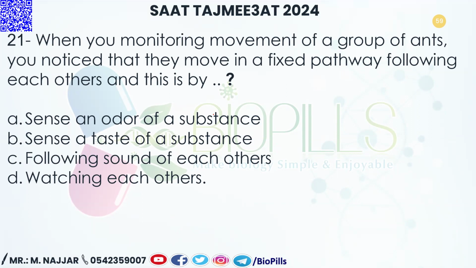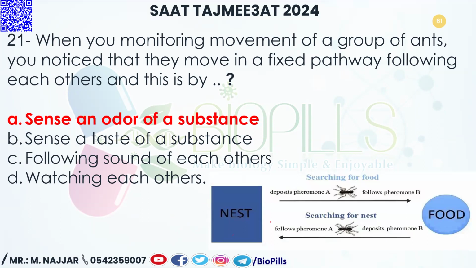Okay, sense of odor of a substance. Yeah, of course. Okay, what is this odor? We just mentioned this in question number 2, if you do remember today. This is the pheromone. Yes, it's the pheromone. Exactly. It is used by animals in order to communicate. This is the way to the food. This is the way to the hive or the home.